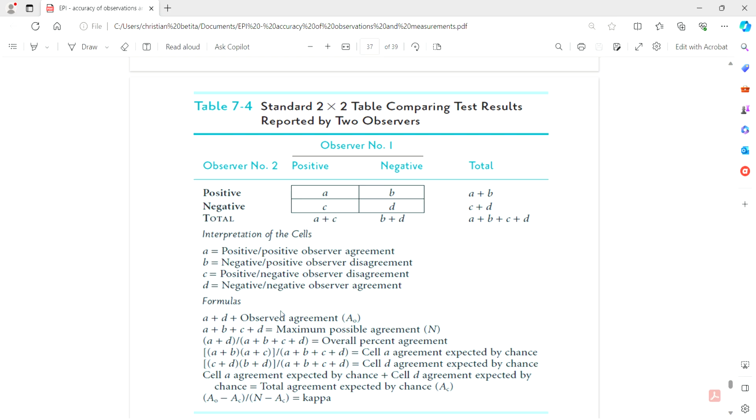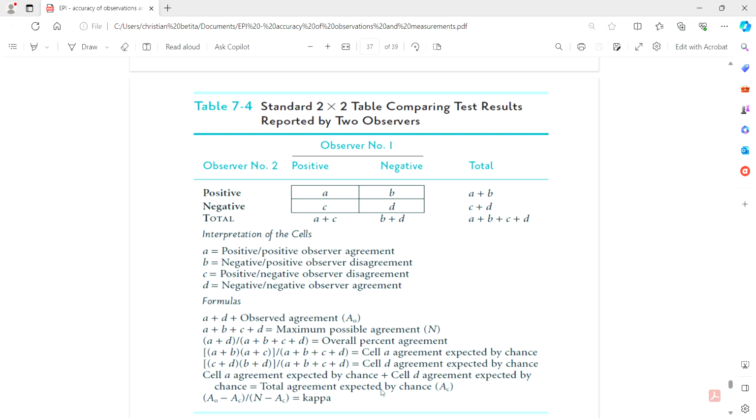Observed agreement is A plus D. Maximum possible agreement is A plus B plus C plus D. Overall percent agreement is the observed agreement over the maximum possible agreement. Cell A agreement expected by chance is this formula. Cell D agreement expected by chance is this formula.